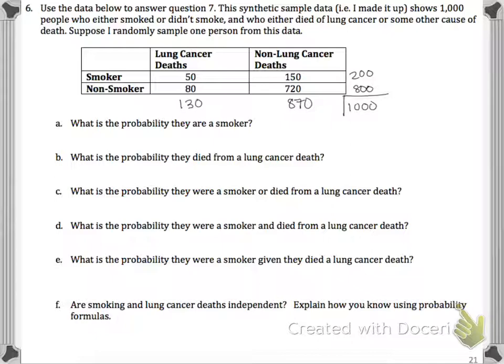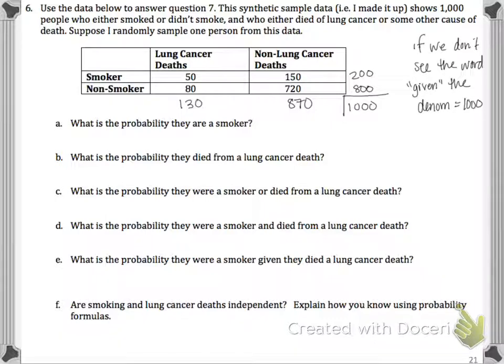So this says, what is the probability that they are a smoker? I want to remind you that if we don't see the phrase or the word, let's say, given, the denominator is actually going to be everyone. So we only change the denominator from 1,000, we'll shrink it, if they say something like given.